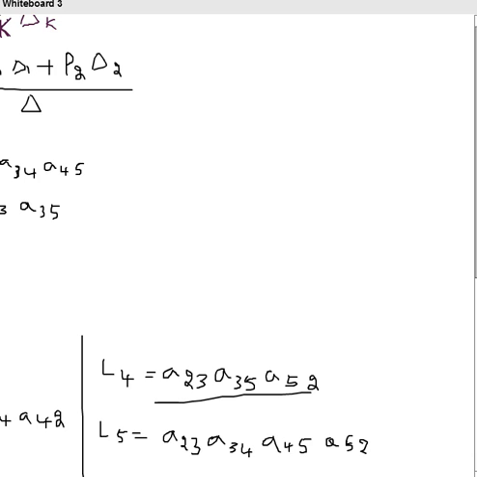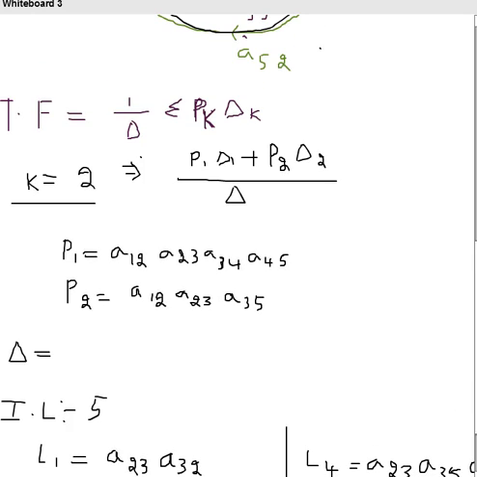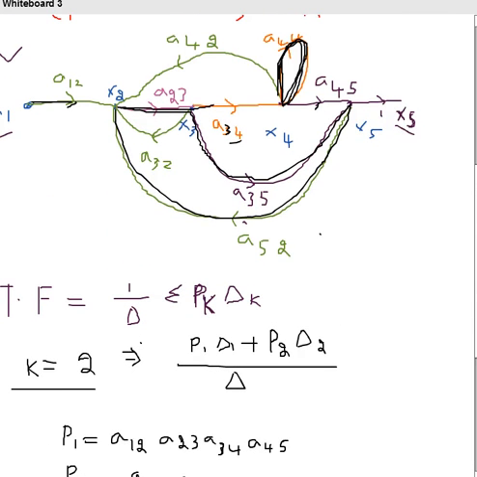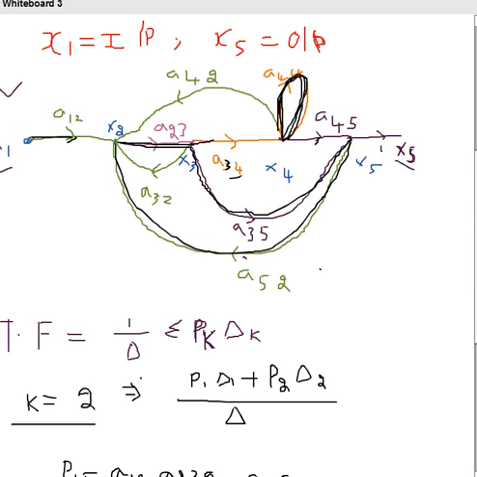Any combination for 3 non-touching loops, that means 3 individual loops which are not touching at the same node. 3 out of 5 individual loops, check whether any 3 individual loops are not touching at the same node. Similar to the 2 non-touching loops, in the same way, 3 non-touching loops.